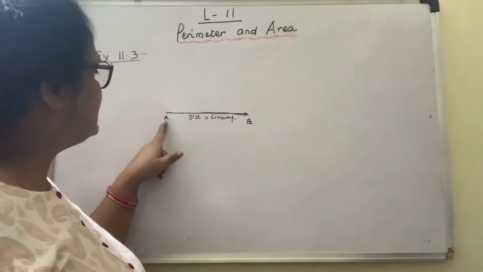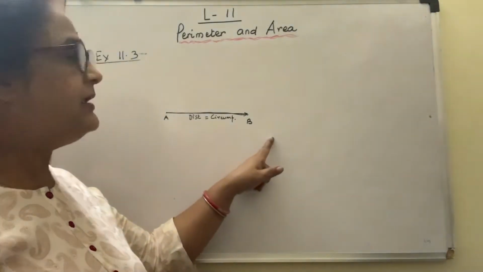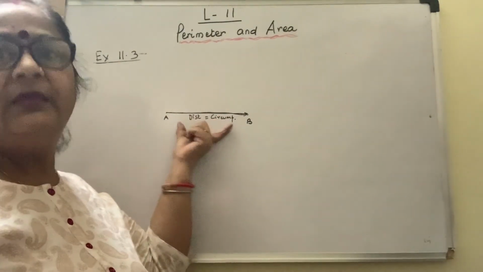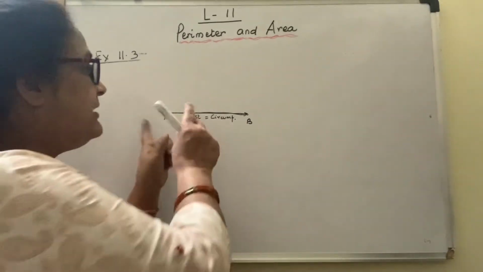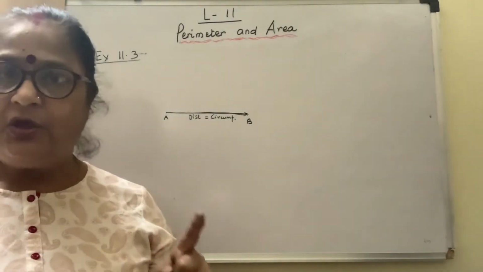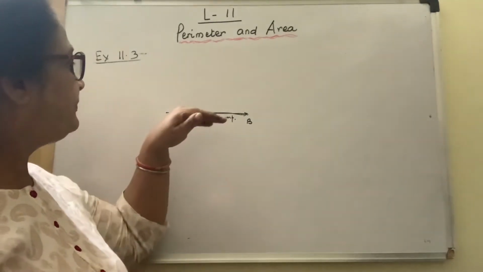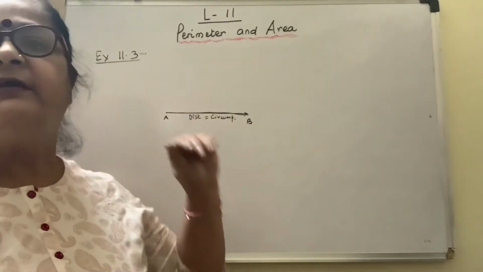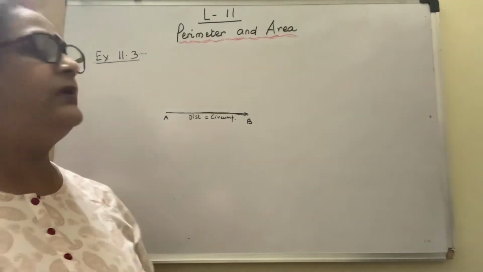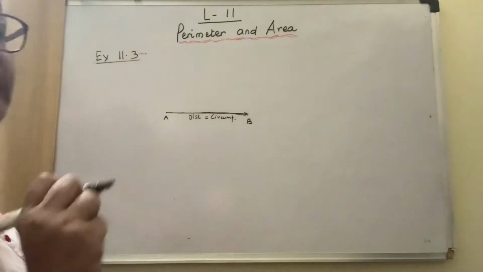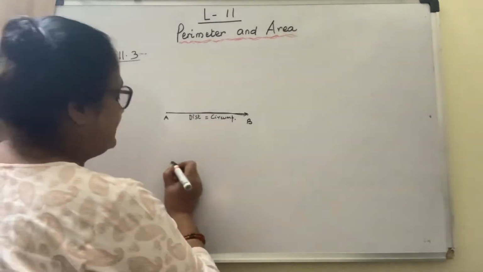So the distance from A to B is the circumference of the wheel. Now keeping this in our head, we are going to find how many times a wheel will rotate if it has to cover a certain distance.